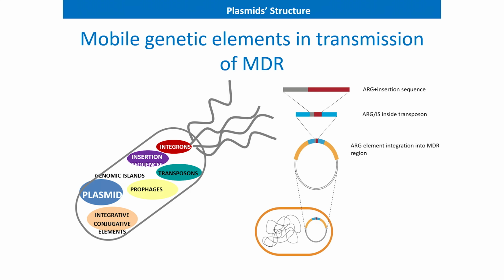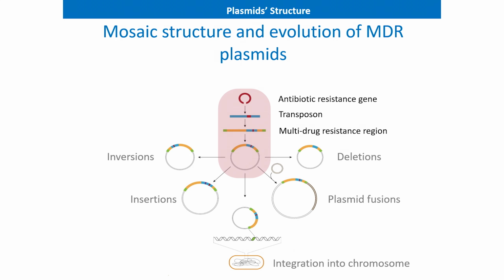These mobile genetic elements, as you can see in the red color, carry these antibiotic-resistant genes and insert them in what we call a transposon, another mobile genetic element, which can also contain multiple antibiotic-resistant genes that can be part of a mosaic structure of different transposons and integrons and so on. These mobile genetic elements are made up of integrons, plasmids, transposons, prophages, and so on. They share something in common: a really high sequence similarity, sometimes more than 80%. And this is very important if we want to talk about short reads.